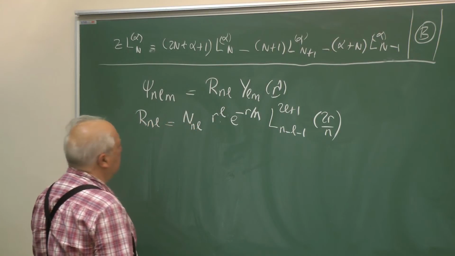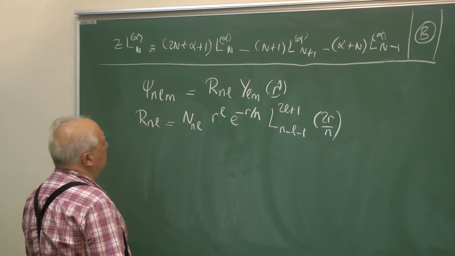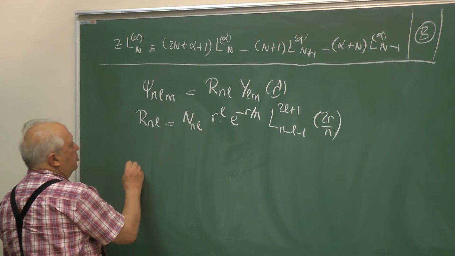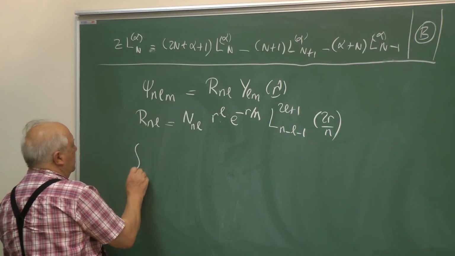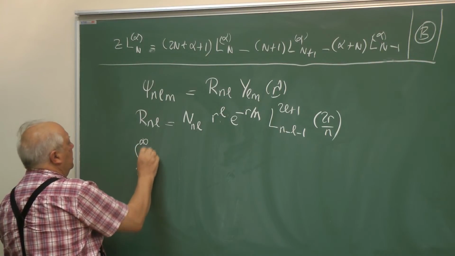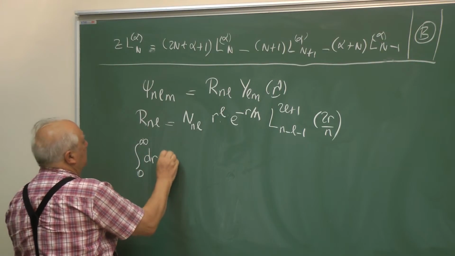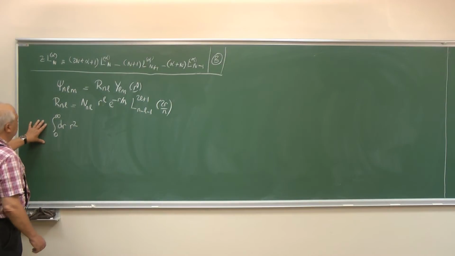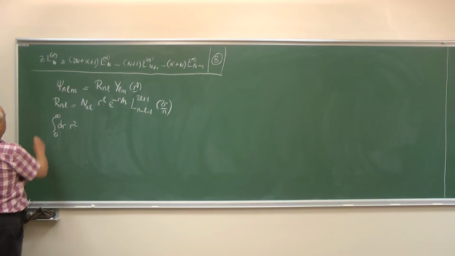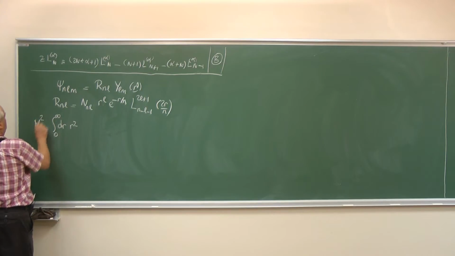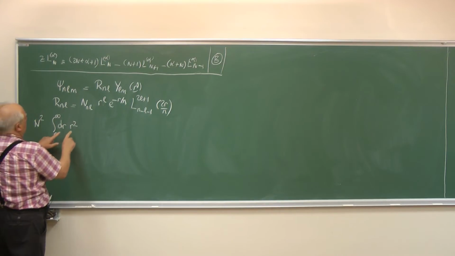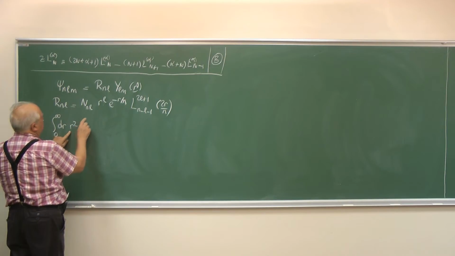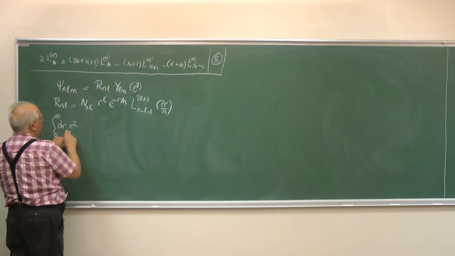And the integral should be 1. So from 0 to infinity, dr r squared. So we want this integral, N squared, to be found. This is coming from the spherical integration, integration in spherical coordinates.